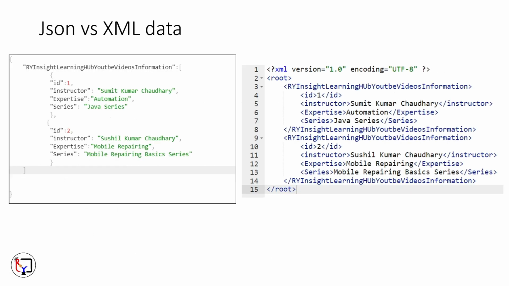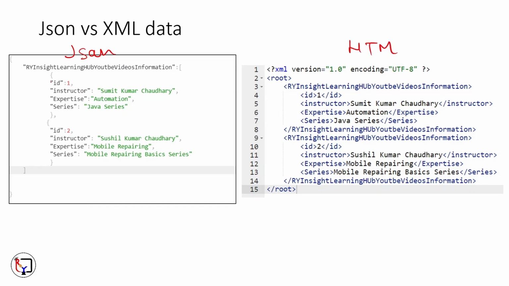Now here I have mentioned two different kinds of data. This is JSON data, and this is XML data.